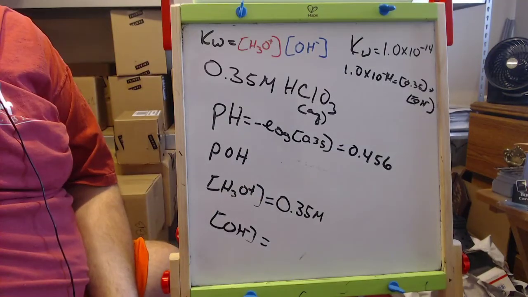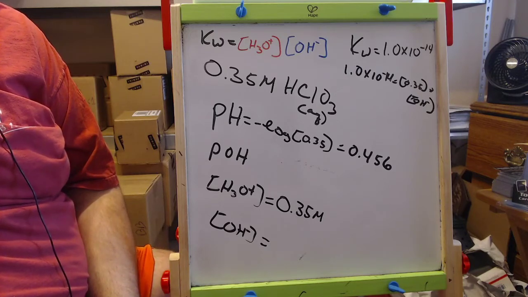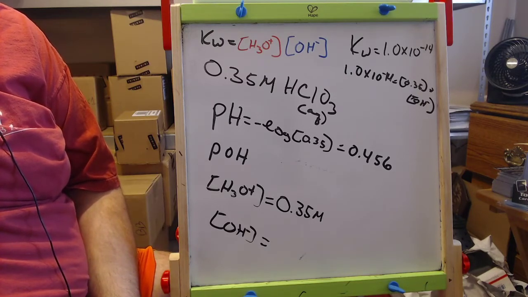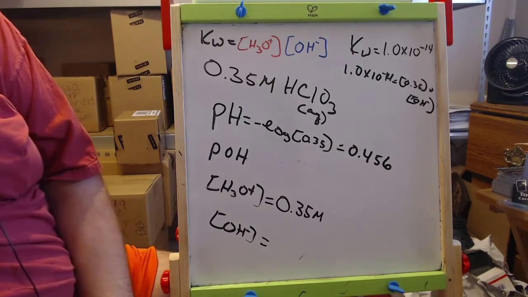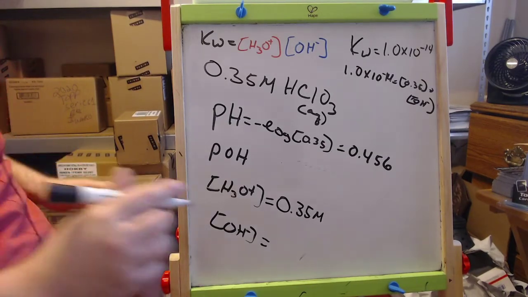Okay, so we figure that out. We take 1.0 times 10 to the negative 14, divided by 0.35. I get 2.86 times 10 to the negative 14th.